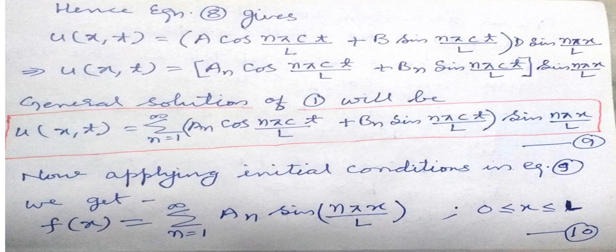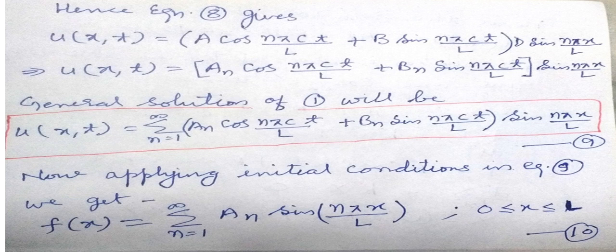Here an is equal to capital A into capital D, and similarly bn is equal to capital B into capital D. So the general solution of equation 1 can be written as equation 9.